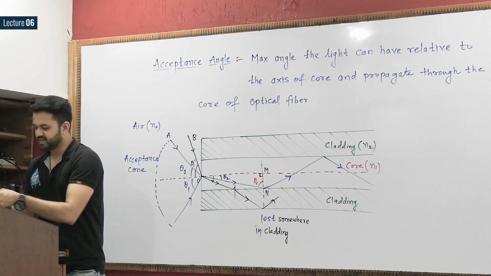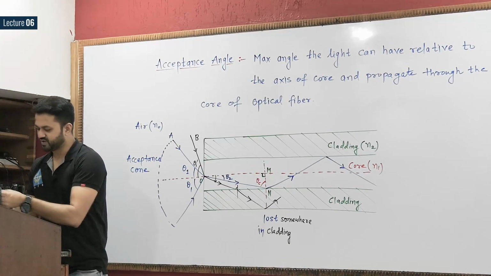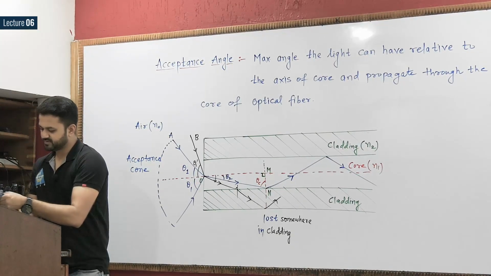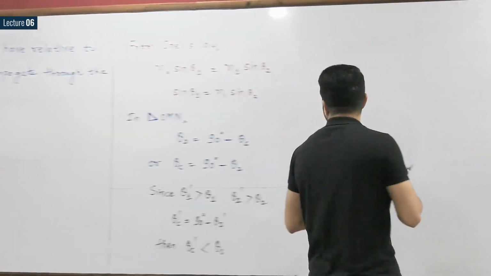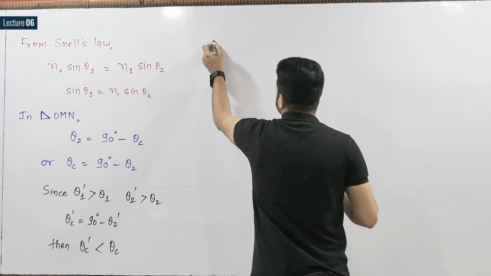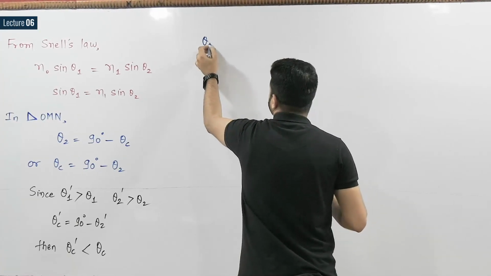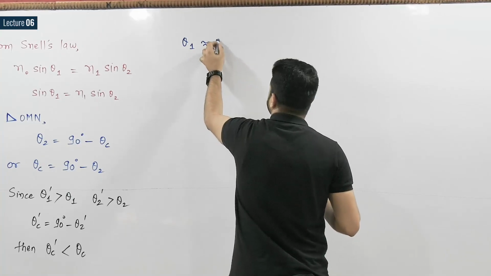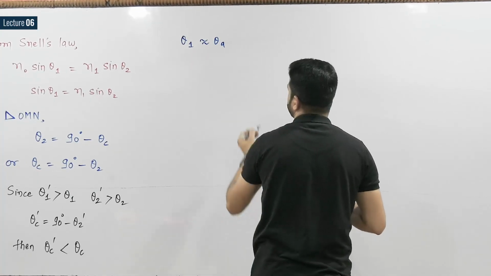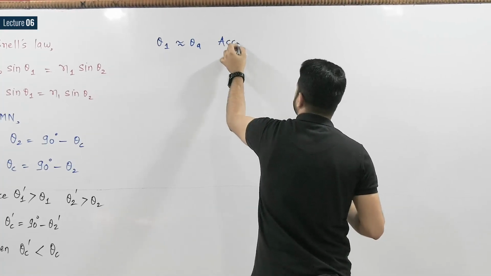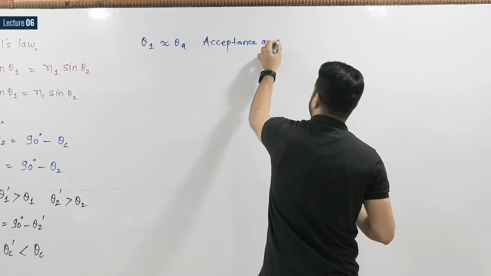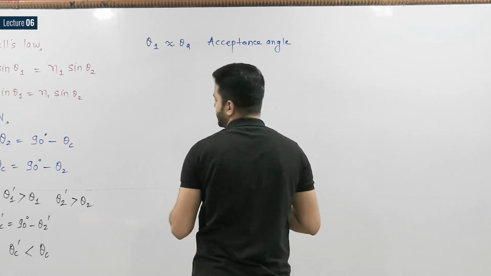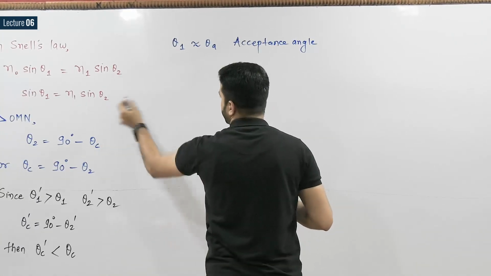Now we will derive the relation for the angle of acceptance. So theta 1 is equal to theta A. We are denoting it by theta A, which is acceptance angle for light A. So what will happen from here?